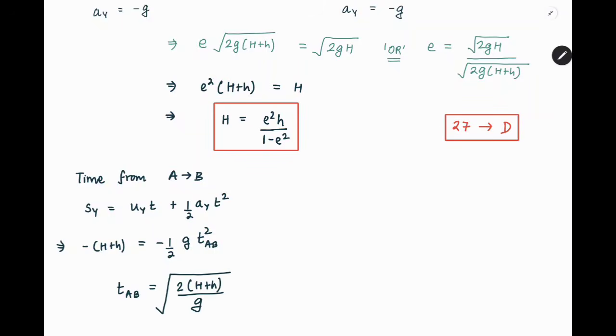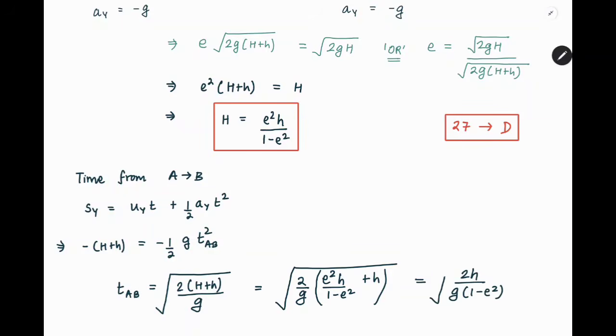Over here if we substitute this value of capital H, that is e square h upon 1 minus e square, we can get this entire answer in the form of small h. So we get 2 by g, and then capital H is e square h upon 1 minus e square, and then we are adding plus h. This is the expression which we get, and then on evaluation we obtain the expression as square root of 2h upon g times 1 minus e square. So we obtain an equation like this.